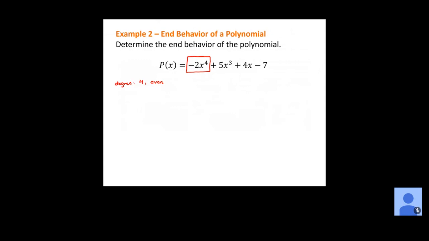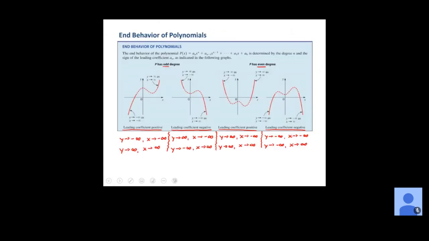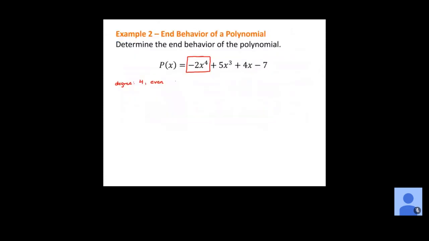So what that tells us, if you think back to the previous slide, whenever you have an even degree, both ends of your polynomial are going to be going in the same direction. They're either both going up or they're both going down. So now I know my end behavior is going in the same direction.